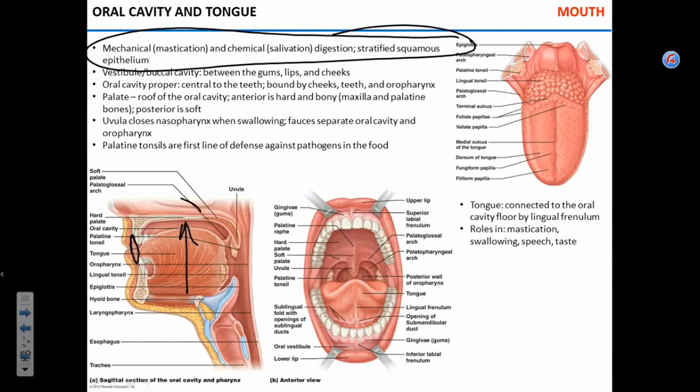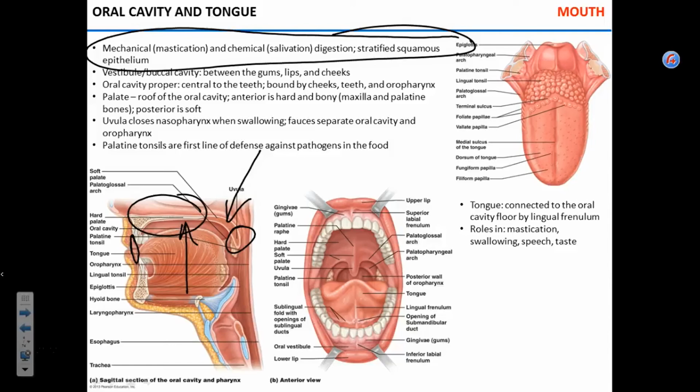There's a hard palate, which consists of maxillary and palatine bones, and the soft palate, of which the most notable part is the little growth here called the uvula. When I was a kid, I thought it was some bad growth, and I really wanted to rip it out.